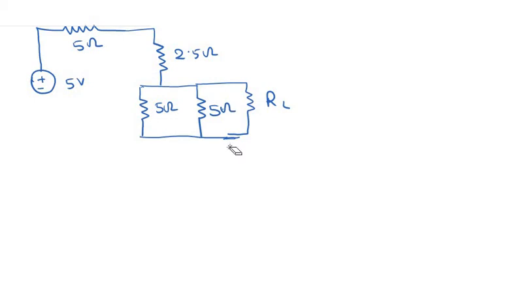So this is also 5 ohm. You are given this network and you are asked, what is the Thevenin's voltage between these two terminals A and B?